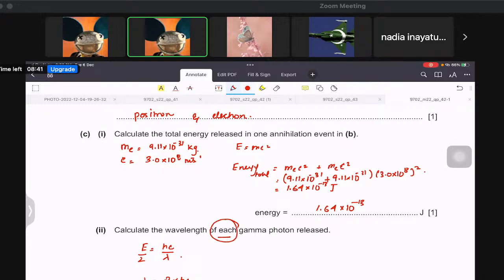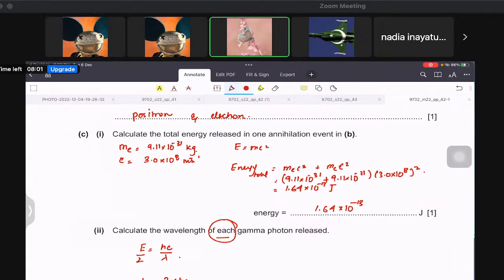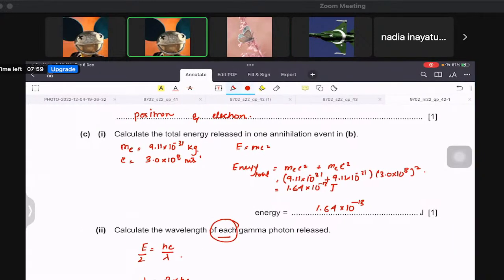So 2 times 6.63 times 10 raised to minus 34, which is Planck's constant, times 3.0 times 10 raised to 8, divided by energy, the same as the one that we found out earlier, and the answer is 2.43 times 10 raised to power minus 12 meters.